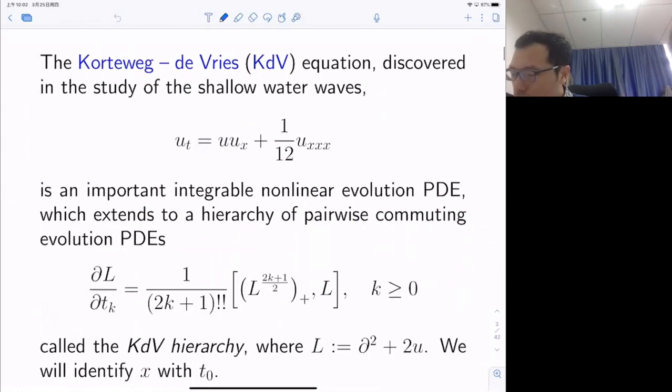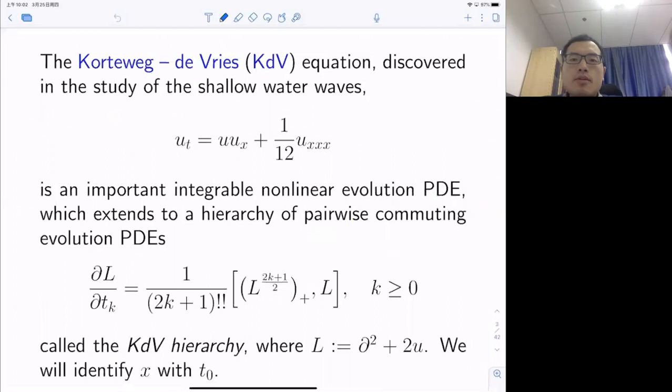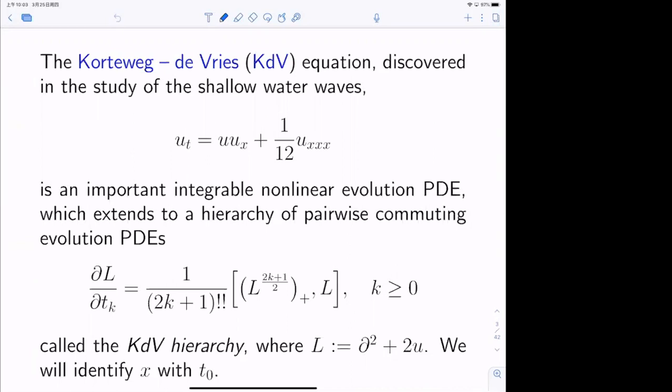The KdV equation was discovered in the study of shallow water waves. This is an example of integrable partial differential equations. It is nonlinear, because if it's linear, we usually consider it as integrable. Integrability means you can find infinitely many conservation laws, or infinitely many infinitesimal symmetries.